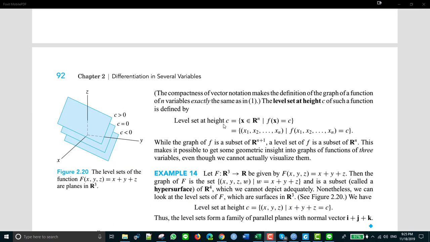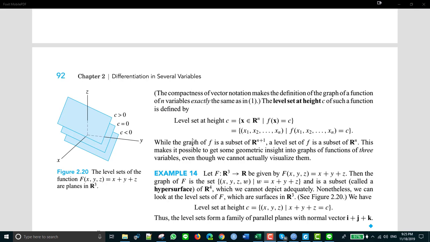So the level set at height C is the set of all points in Rn such that f of x, that these points get mapped to a height of C by f. Another way to write it is like this. The set of all these points such that this equals C.